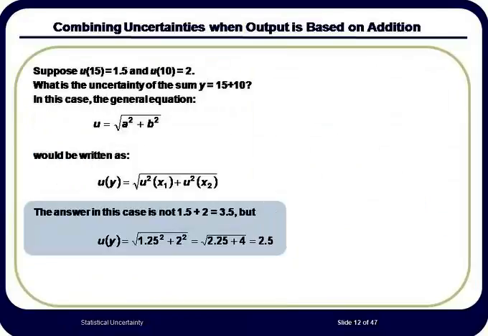The example shown here combines two measurement values, 15 and 10. If the uncertainty for the measurement 15 is 1.5, and the uncertainty for the measurement of 10 is 2, the final value will be 25 plus or minus 2.5, where the value of 2.5 is one combined standard uncertainty.